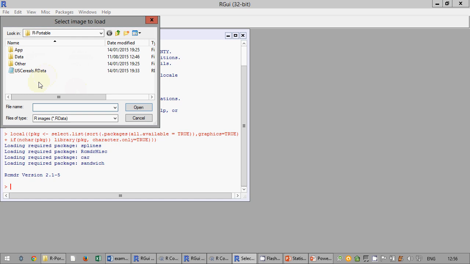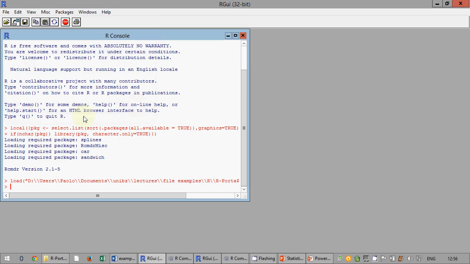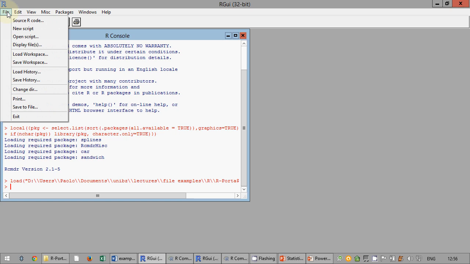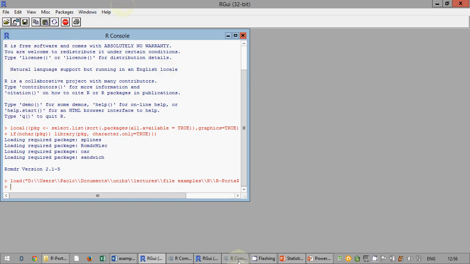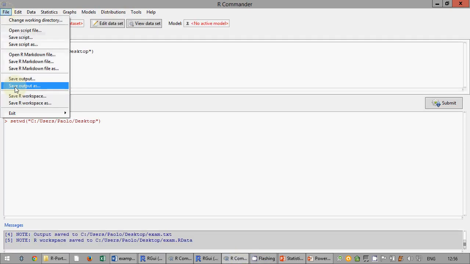You choose your workspace. For example, suppose I ask you to load userials.rdata. You go to the desktop or wherever you want. If you don't see rdata, go back to the precourse. Open, and you load the workspace. So unfortunately, to load a workspace, you must do it from the R console. You cannot do it from R Commander. R Commander probably has literally forgotten to put here load R workspace as.